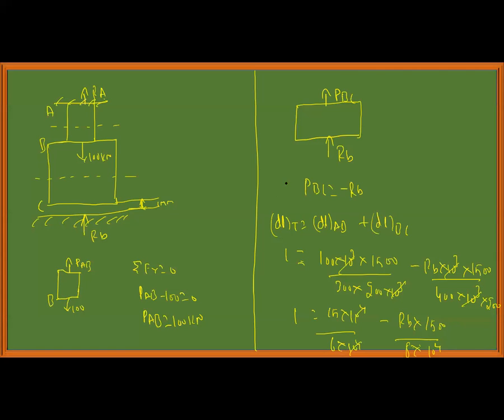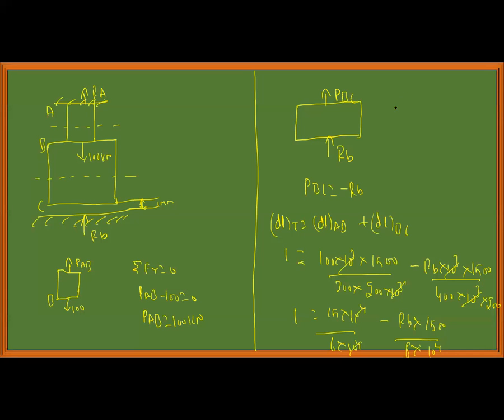RB equals how much? Sir, 60. Exact is 65.714.